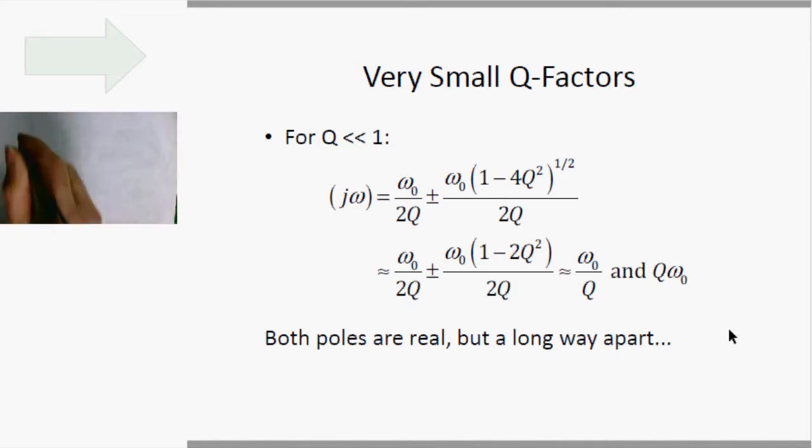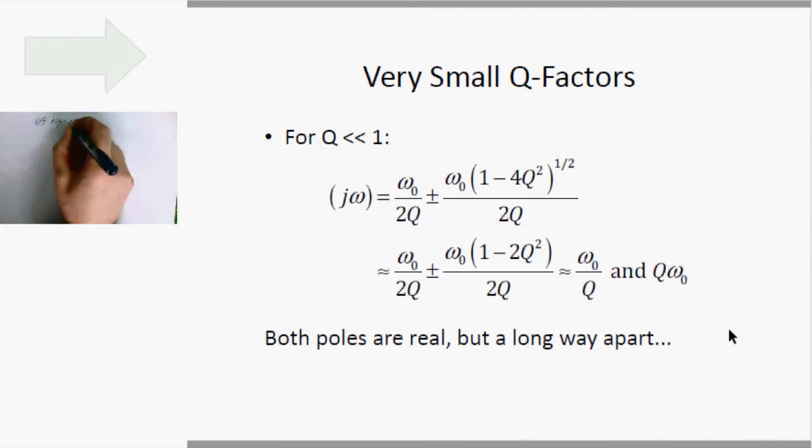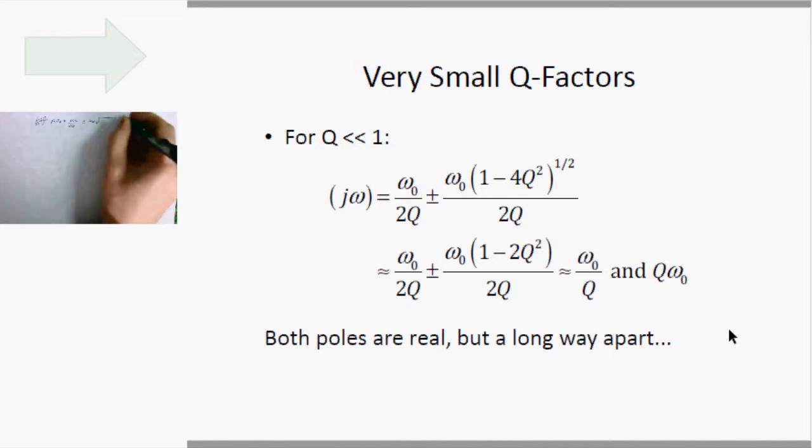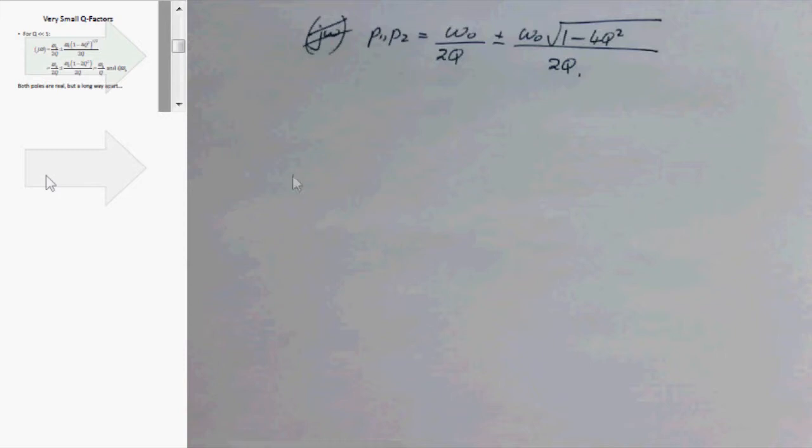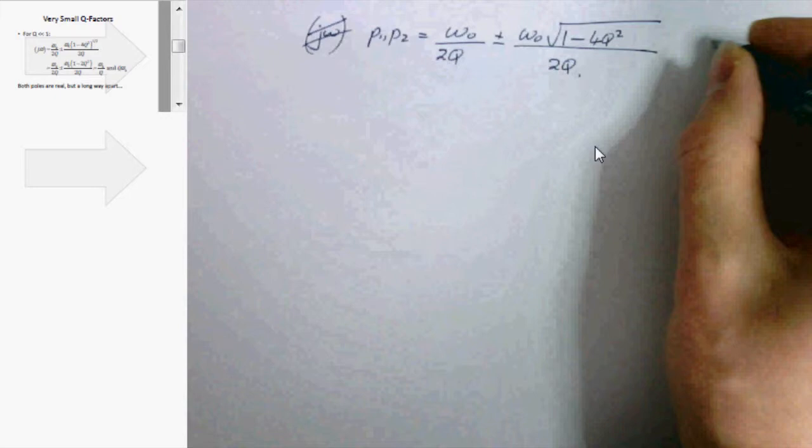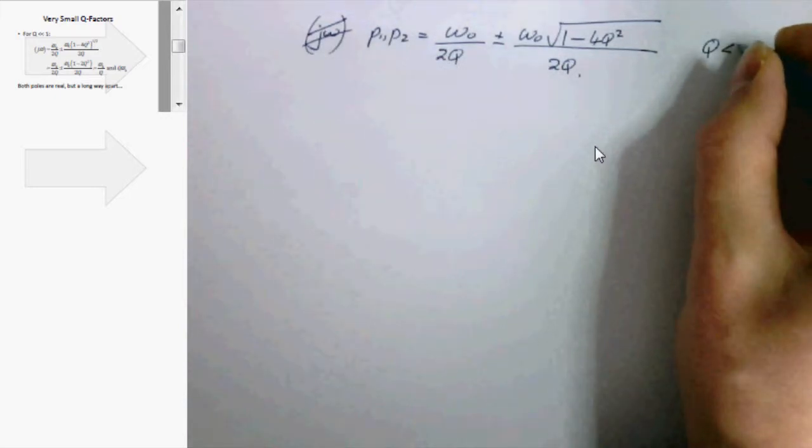If we have very small Q factors, then the frequency of the poles, P1 and P2, is omega naught over 2Q plus or minus omega naught times the square root of 1 minus 4Q squared over 2Q. Right, consider what happens when Q is much, much less than 1.